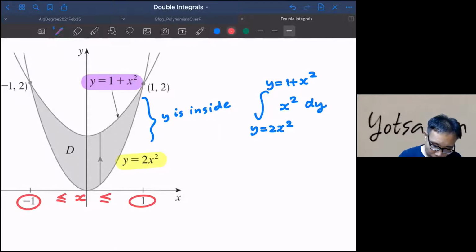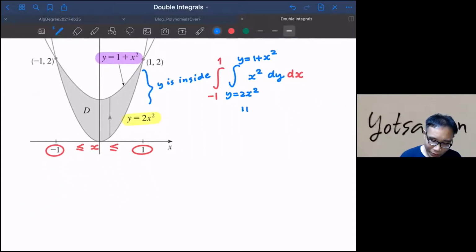And the x, the red one that is going to be written here, is going to be covered from negative 1 to 1, and that's all. So this is the setup, and we're not going to set it up another way because it seems difficult. This one seems manageable already, no fraction at all. Why bother to find another way?